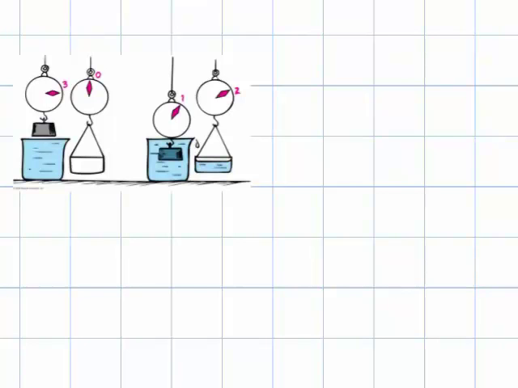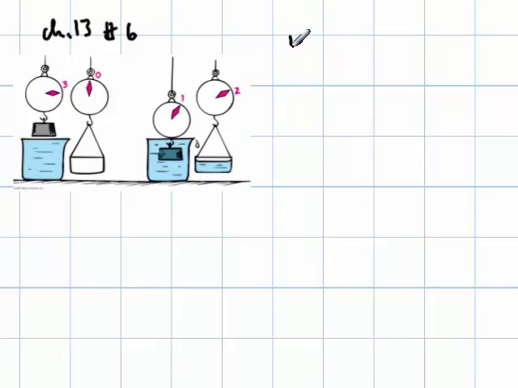The next problem is chapter 13, problem 6, which says, when a 2.0 kilogram object is suspended in water, it "masses" 1.5 kilograms. What is the density of the object?